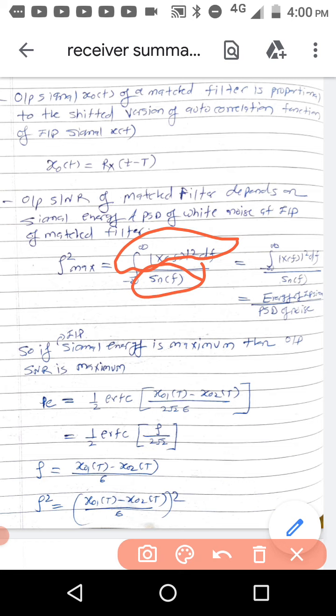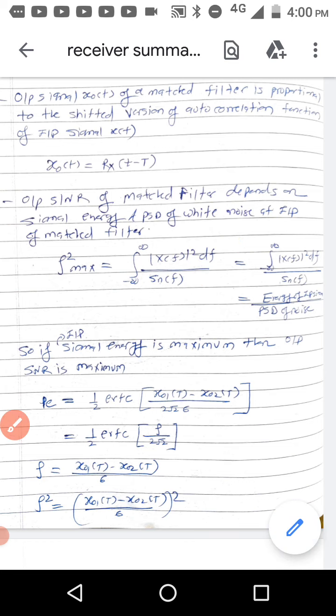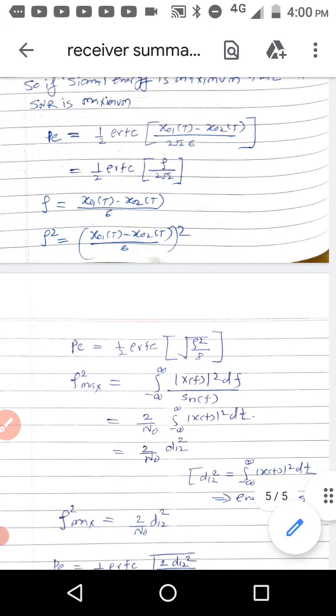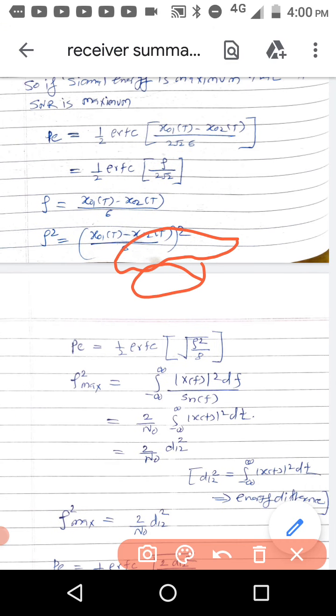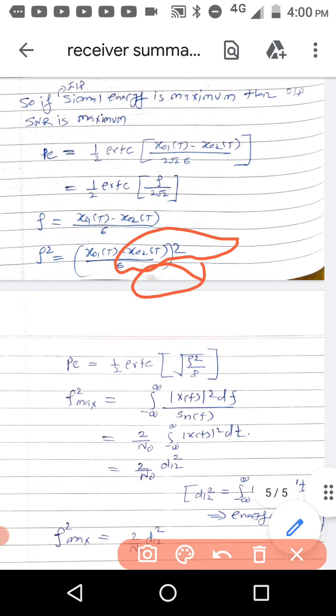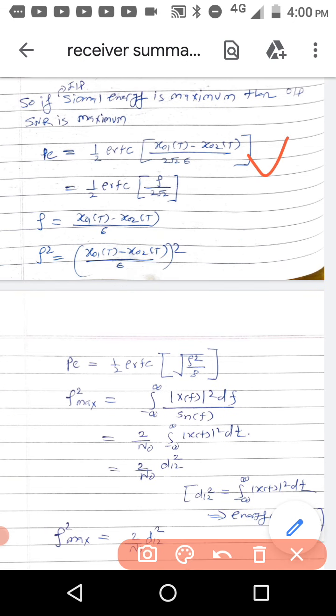Next one is, let us obtain the relation for PE in terms of Euclidean distance. So PE is this one. So probability of error has the equation this one. Then rho, we have kept (x01(T) minus x02(T)) divided by sigma as rho. This is rho. Then rho square.